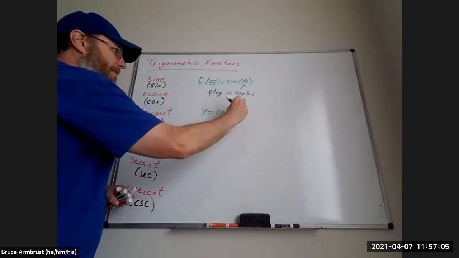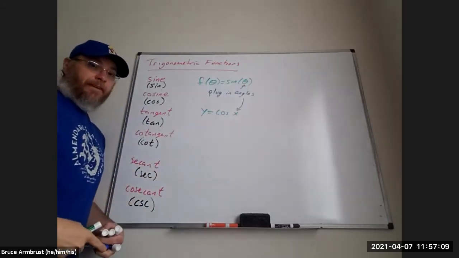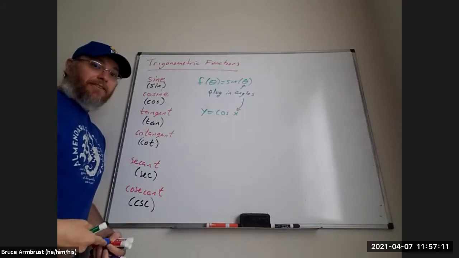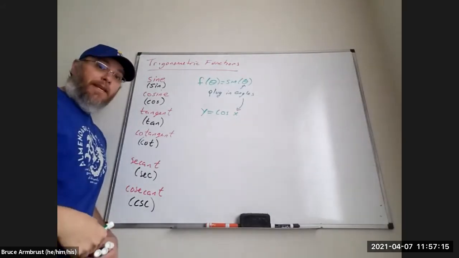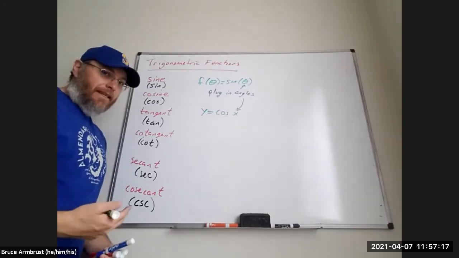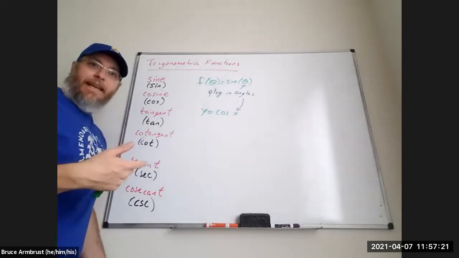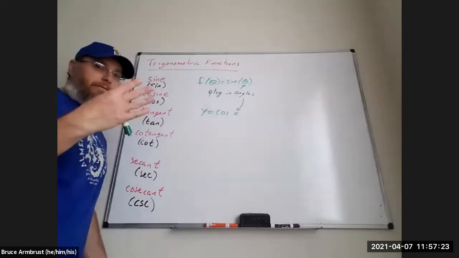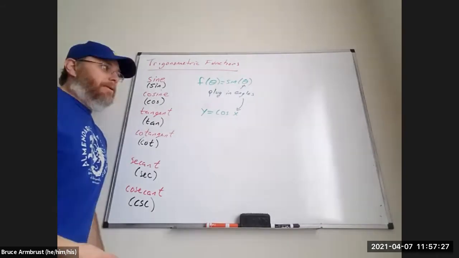This x is still an angle, even though we're using the letter x for it instead of theta. Right? It doesn't matter. Whatever we're putting in there, it's an angle. So it could be a theta, an x, a t, whatever letter you want, but that's an angle that we're putting in.